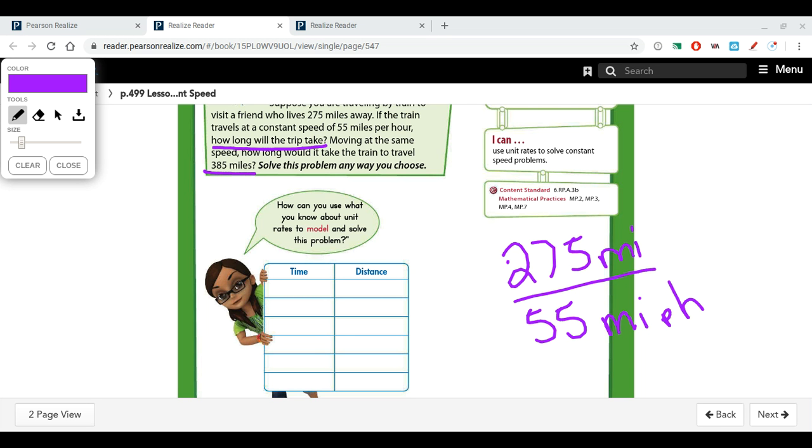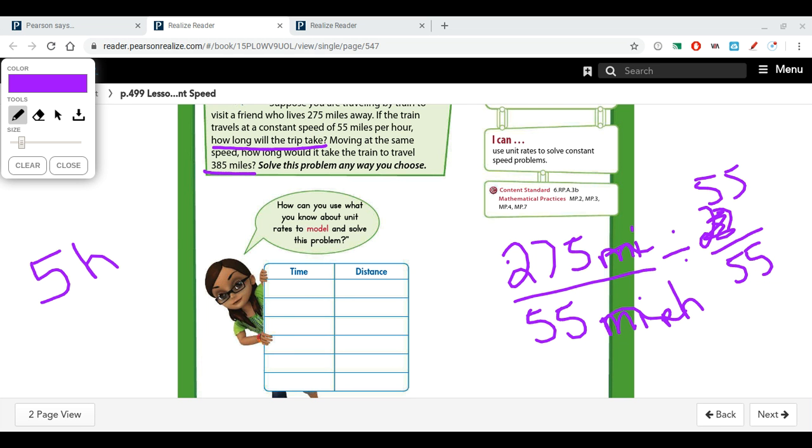And when I divide 275 by 55, because that's the value that I have, what that's going to leave me with is my hours. So miles cancel out, and I'm going to be left with hours. When I divide 275 by 55, I end up with 5 hours.